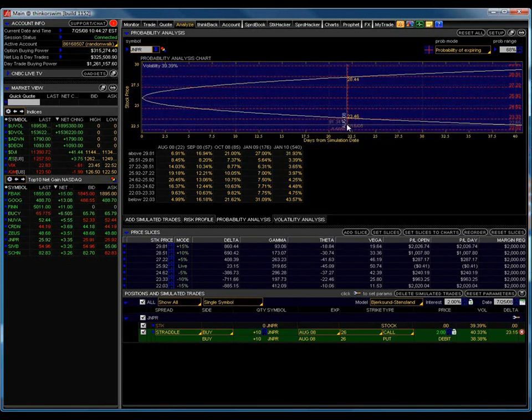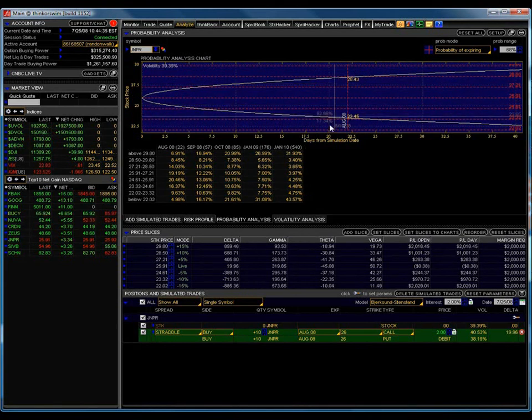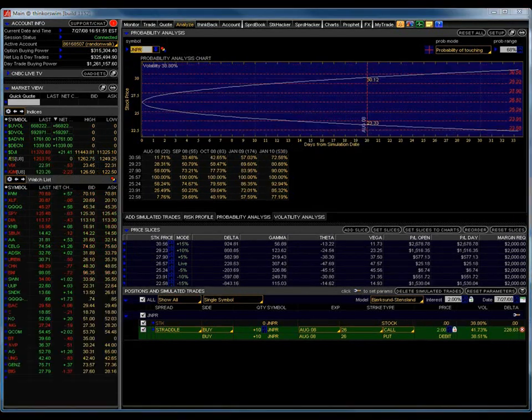In other words, what we want to do is take a look at what the volatility would determine is the probability of the high and the low of the stock price before the August expiration, because we are trading the August expiration. Well, the greater the range that we can capture profits in, obviously the more successful we're going to be in gamma scalping this particular issue.